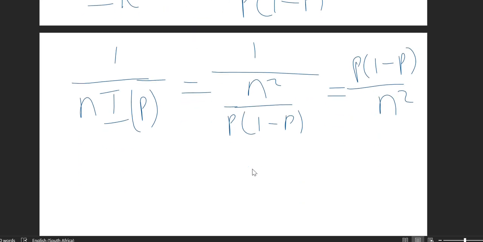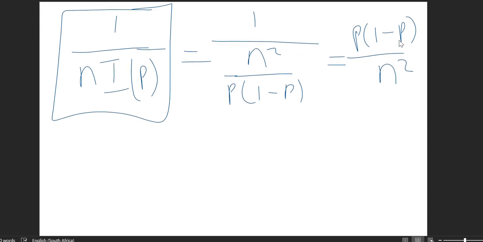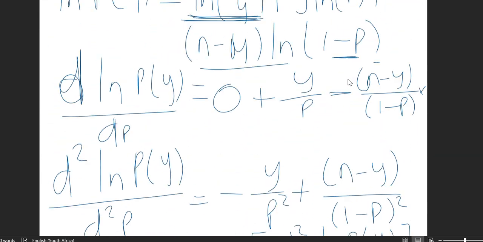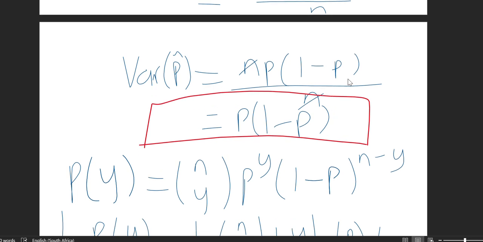Now our asymptotic variance is this, and recall that the variance of our maximum likelihood estimator, it's this. Now we are going to check the Cramer-Rao lower bound, so p into 1 minus p.